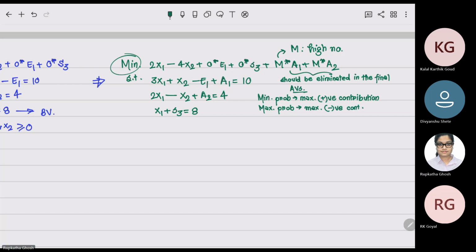So we would have written in that case minus MA1 and minus MA2 for every unit of artificial variable.